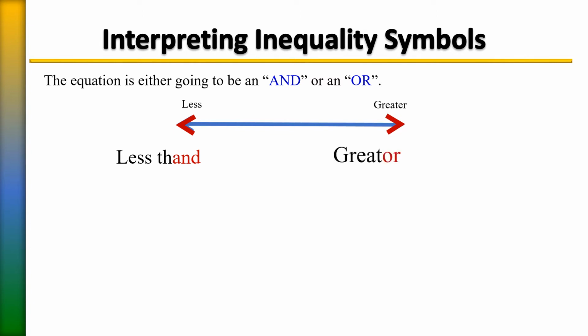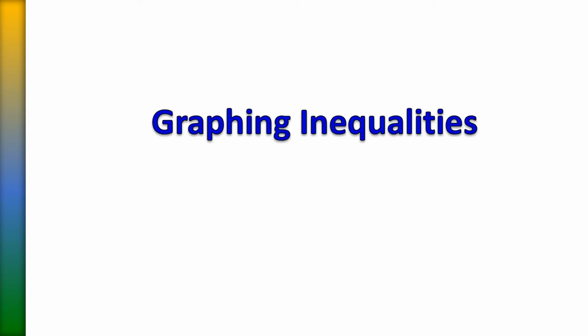If I spell that wrong, greater with OR, I will know that anytime I see the greater than symbol, that is an OR equation. So that's just one little tip to help you remember if you're dealing with an AND equation or an OR equation.